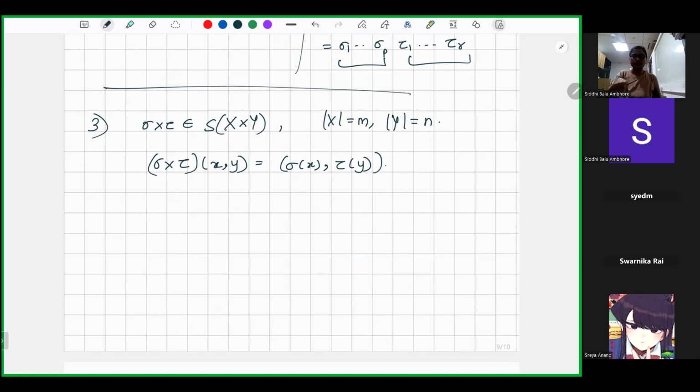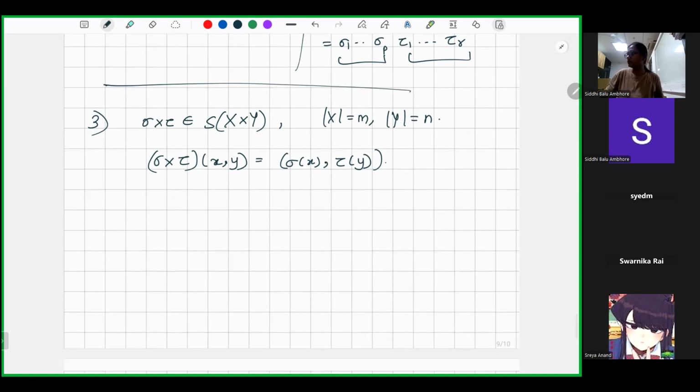And this permutation is such that each element of this grid is going to (sigma x, tau y). And now we have to find the signature of this. We will understand this one.